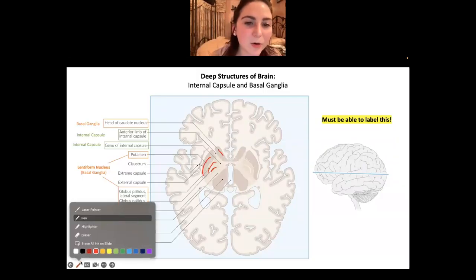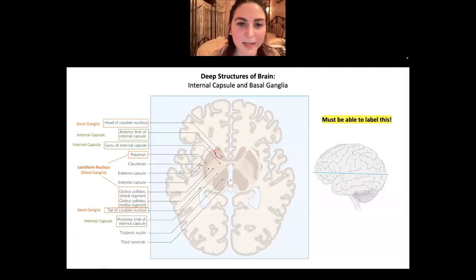The internal capsule runs through the basal ganglia. So if I get rid of it, this is the internal capsule. So it goes kind of like this. It's like a wing. It goes like this, and then there's an anterior segment, a genu or bend, and then a posterior segment. We will be talking about the internal capsule today, but it's, again, a white matter tract that allows communication between, as you can see, different parts of the brain.